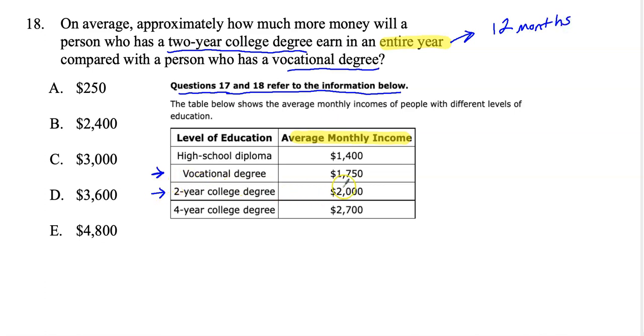So the vocational person earns this much every month. How much would they earn in a year? Just multiply this times 12. And the 2-year college degree earns this much every month. Just multiply that by 12. And let's do that.